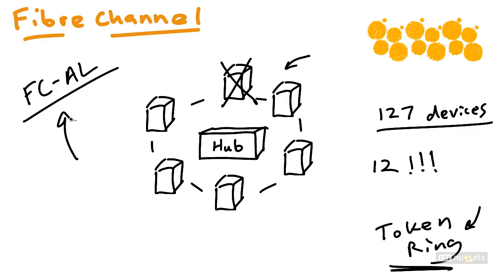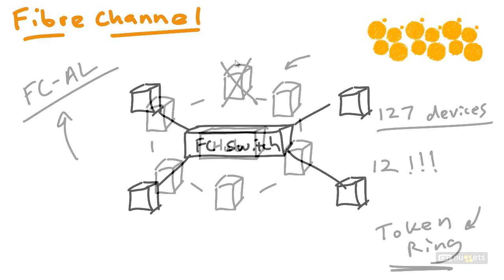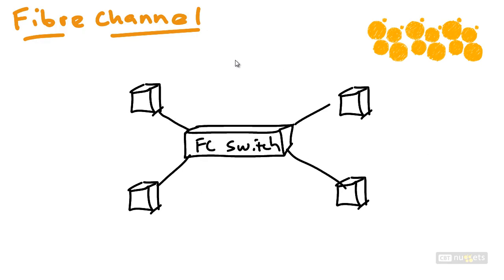Now, I bet you know where we're going in the third generation of topology that I'm going to show you right now. Yes, thank goodness the concept of the Fibre Channel switch was invented. In fact, when they did this, they really started talking about the fabric. Fabric equates to the concept of a storage area network when we're talking about a Fibre Channel environment. With the Fibre Channel switch, we can have the more efficient connectivity of Fibre Channel devices that we're looking for.